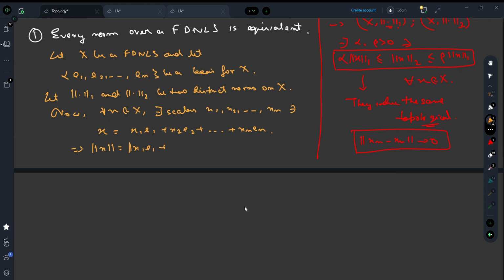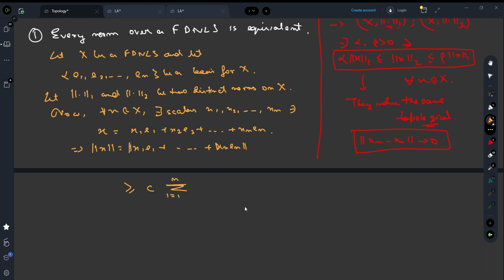Okay. Then what can we say about the norm of x? It's the norm of x1 e1 and so on till xn en. But each xi is a scalar, so we can obviously use the triangle inequality in this case. Let's not do it first. What we can do is use lemma 1 here.